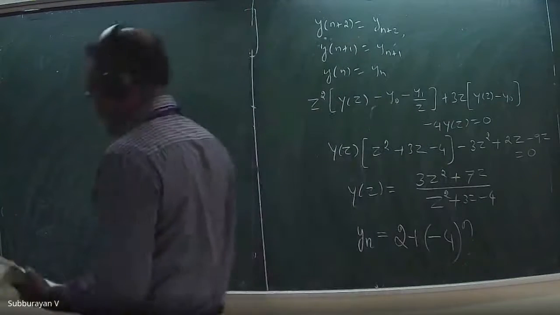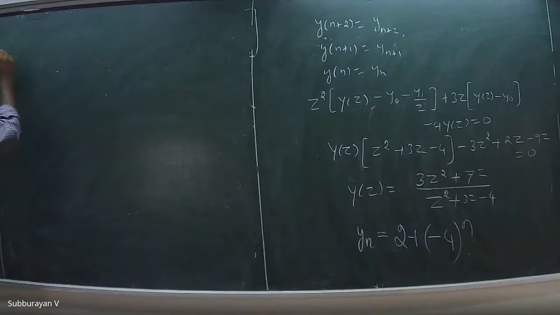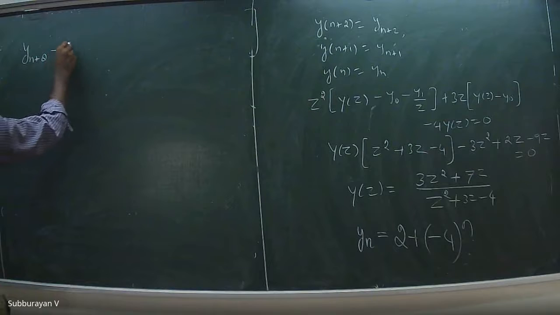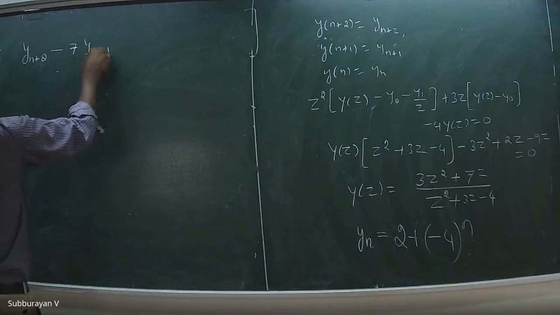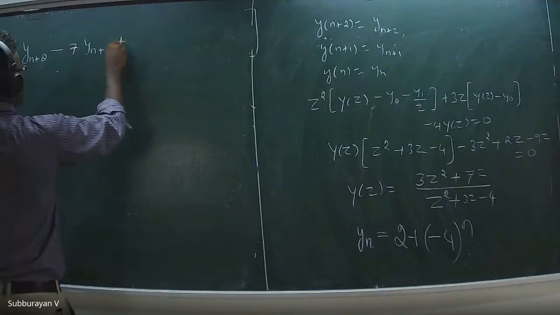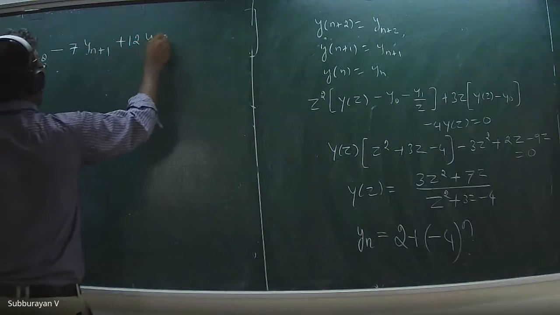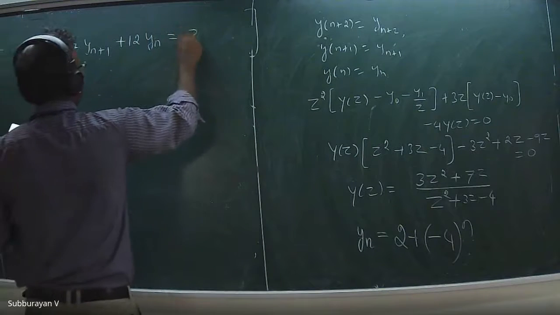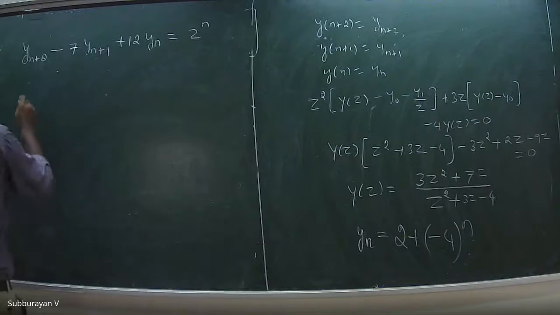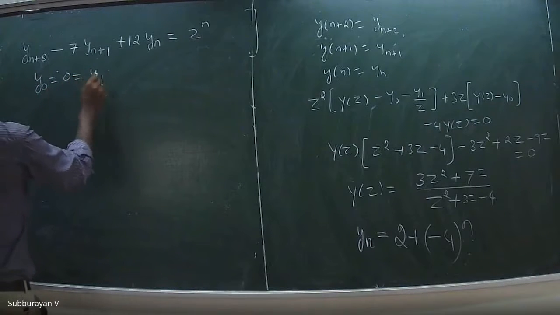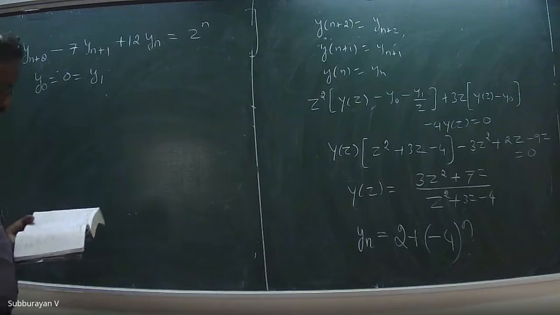The next problem, solve yn plus 2 minus 7 times yn plus 1 plus 12 yn equal to 2 power n with y0 equal to 0, which is equal to y1. It is very simple. Please do it.